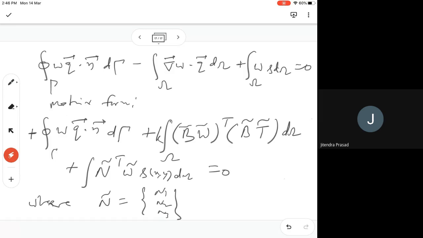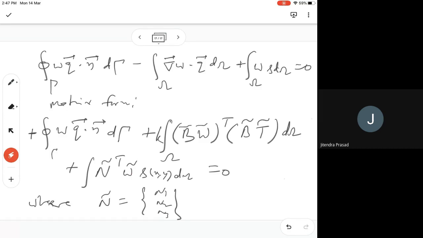You guys, any problem? So this one is N, so this will be N1, N2, N3, then W1, W2, W3, both multiplied together, and it will be like that. Now this we can also write as W transpose N as well, right?